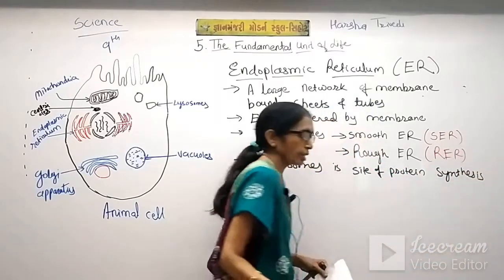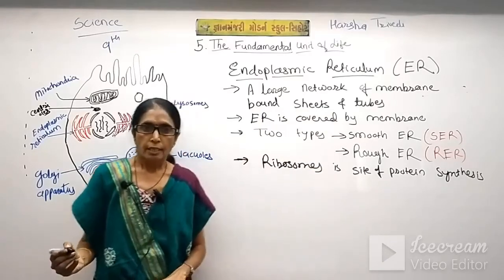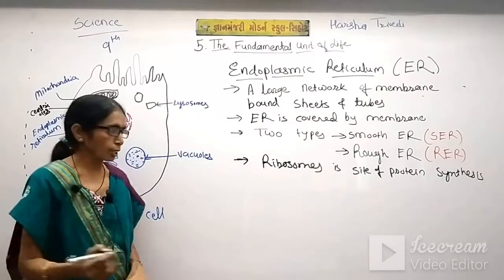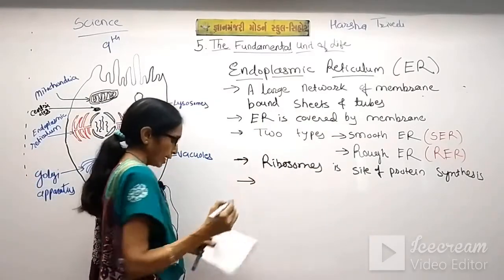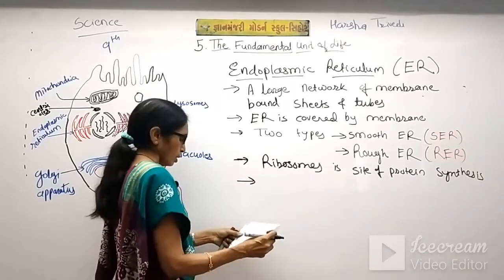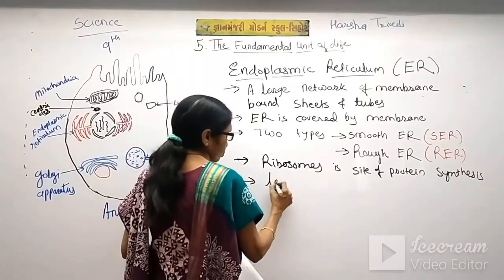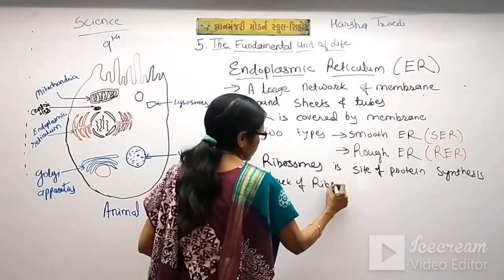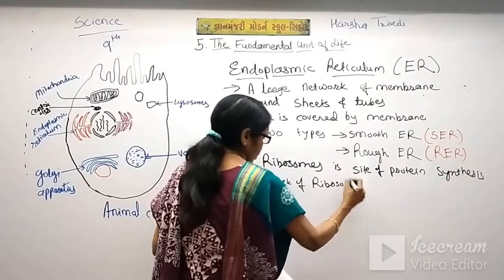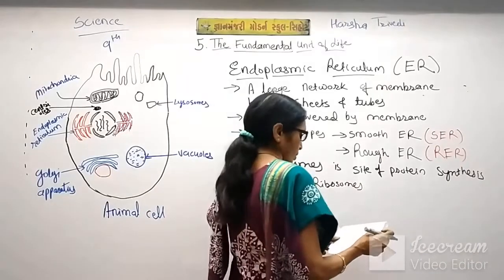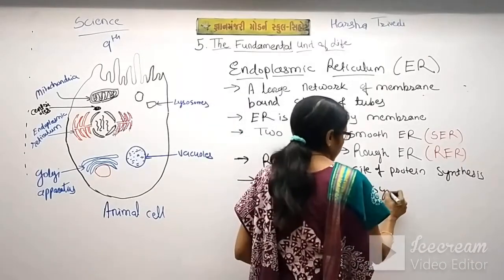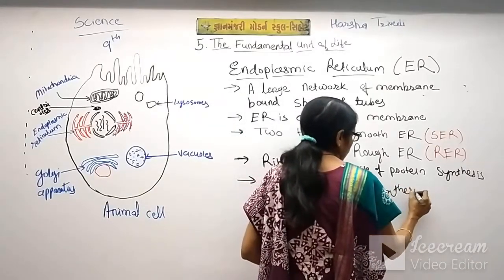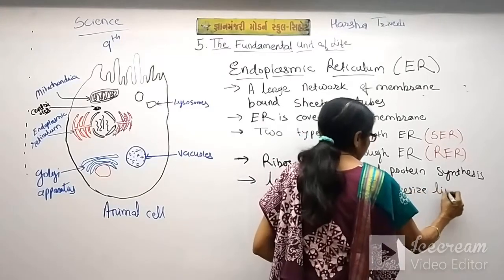So due to these ribosomes, synthesis of protein takes place. And the smooth ER, due to the lack of ribosomes, synthesizes lipids.